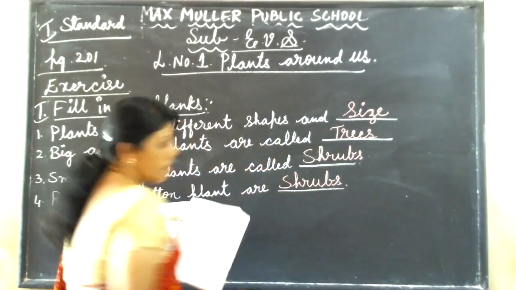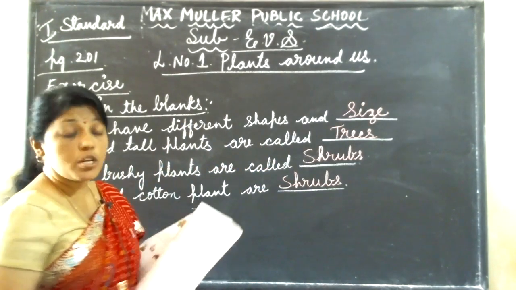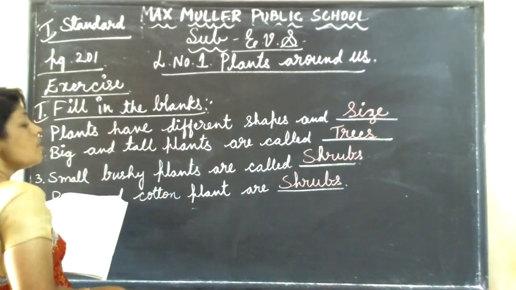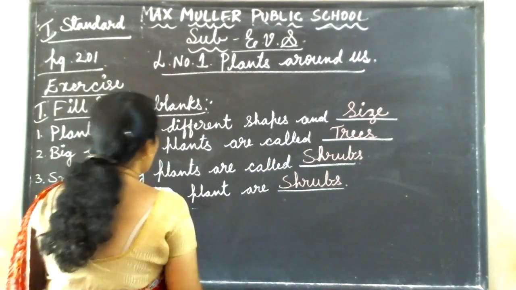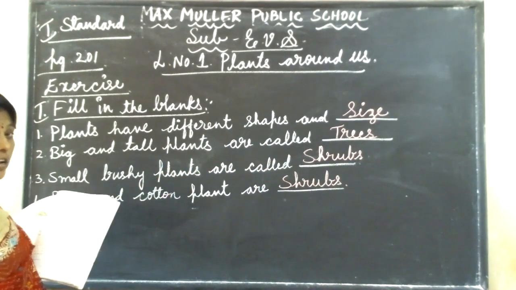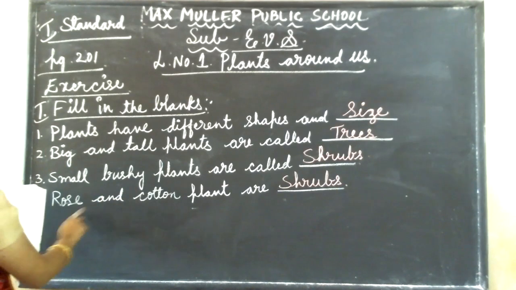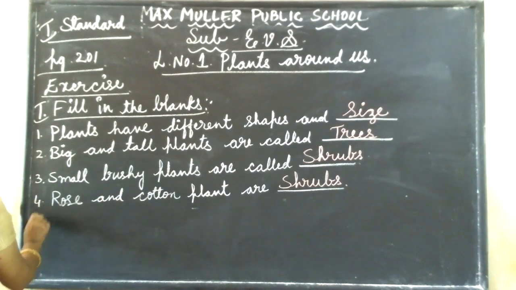S-H-R-U-B-S. They are bushy plants and very small. Small and bushy plants we call shrubs. So examples of shrubs are rose and cotton plant. Then come to the fifth one.